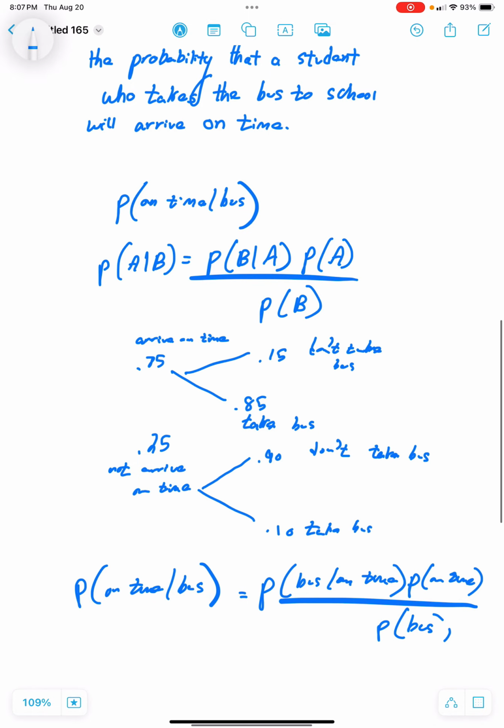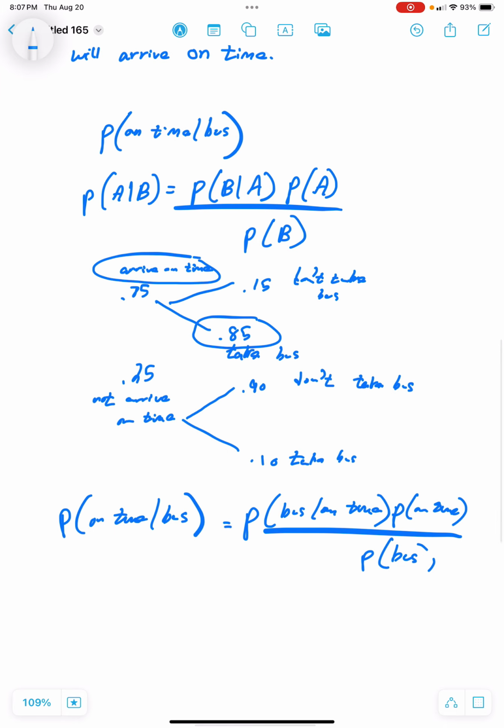So the P of bus given on time, well, here's arrive on time, and the probability that they take a bus given that they arrived on time is 85%. So here's 0.85 times P of on time.